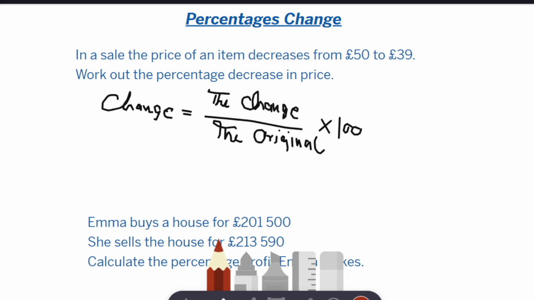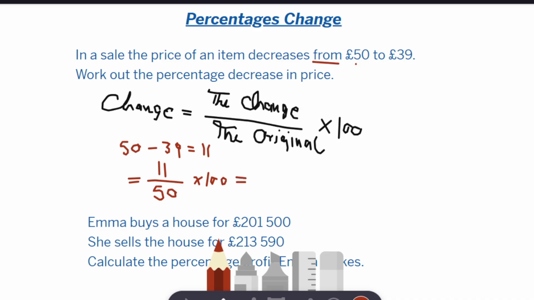It changed from 50 down to 39. So it's 50 minus 39, which is 11. That's very good. Now, the decrease will be the change itself, which is 11, divided by the original price, 50. So the original was 50, and then times 100.